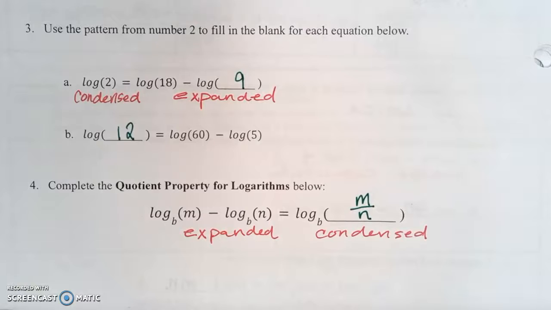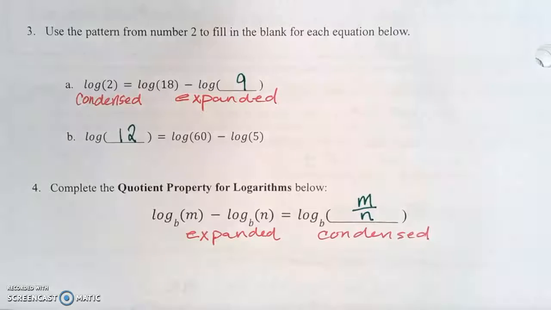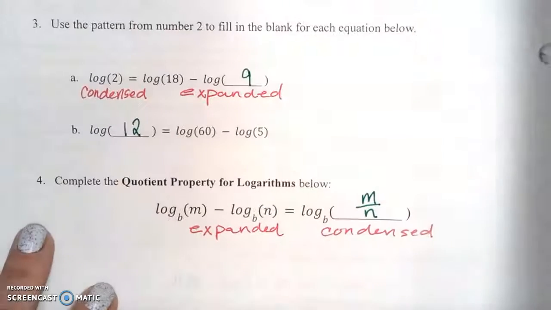Okay? If you accidentally on this one wrote n divided by m, it would be incorrect. Okay? Whatever comes first would have to go in the numerator, and whatever comes second would have to be in the denominator. Okay? Any questions on that?